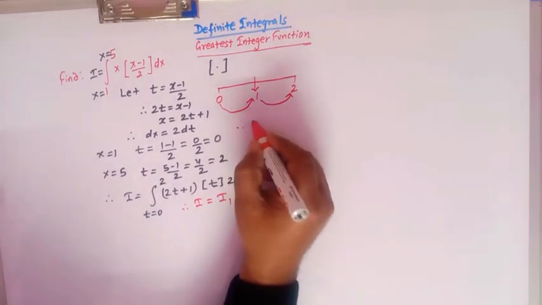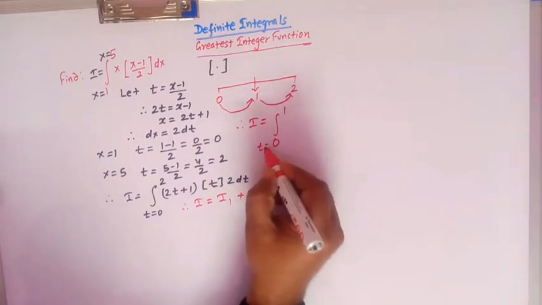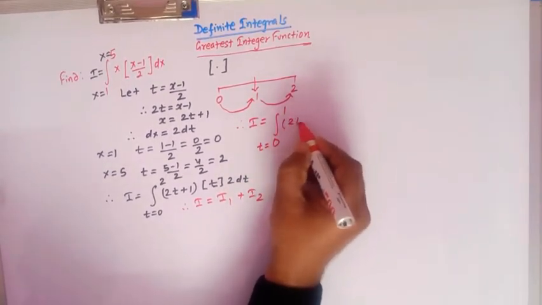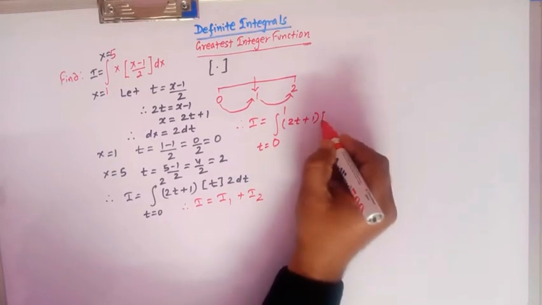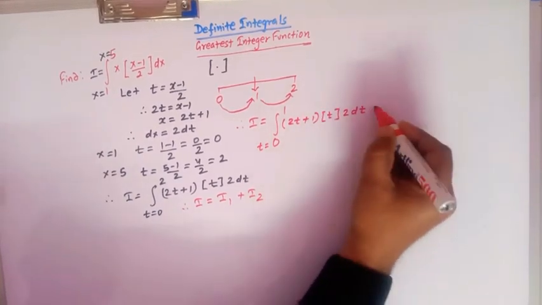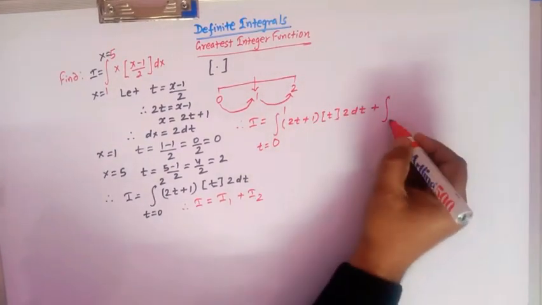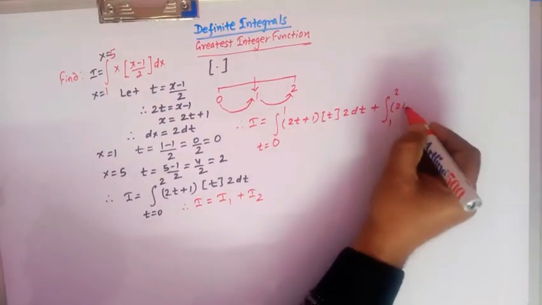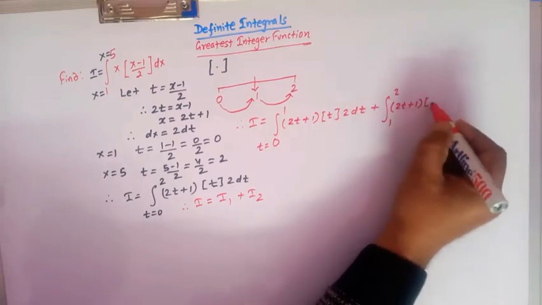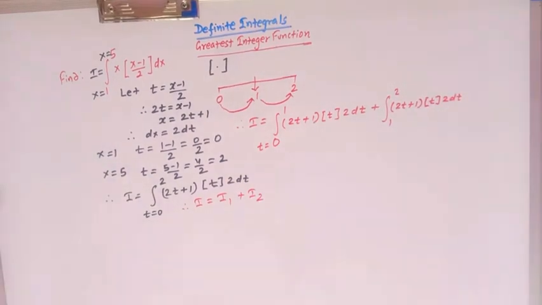I1 is the integral from 0 to 1 of (2t plus 1) times the greatest integer of t times 2 dt, and I2 is the integral from 1 to 2 of (2t plus 1) times the greatest integer of t times 2 dt. Now we have to make use of the definition of the greatest integer function.